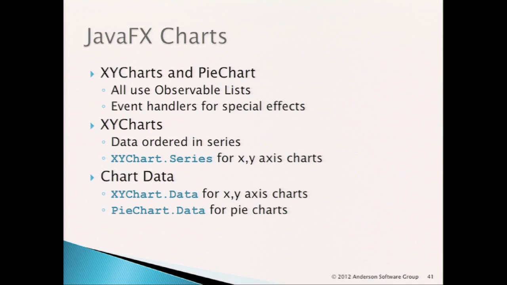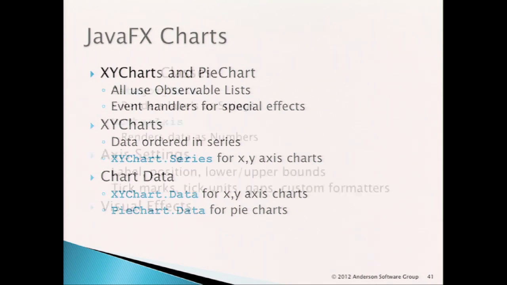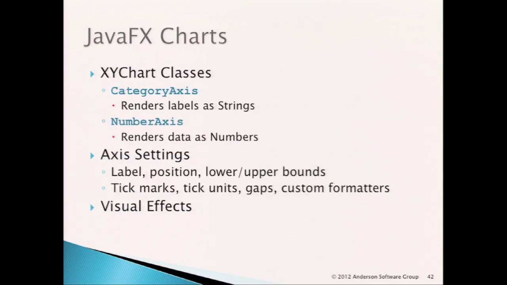The chart data itself is XYChart.Data for the XYCharts and PieChart.Data for pie charts. XYChart.Data holds the data for an individual data point in an XYChart, and PieChart.Data holds the data for a pie wedge. Okay? And remember that observable lists will let charts respond easily to changes in the data and redraw their nodes as required.